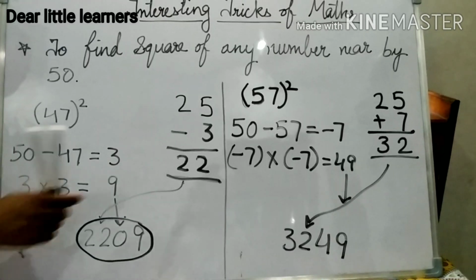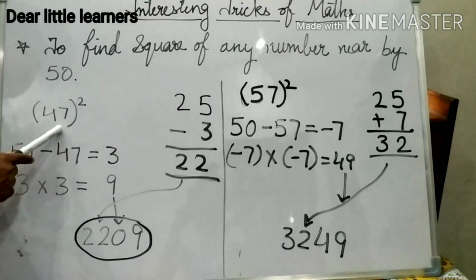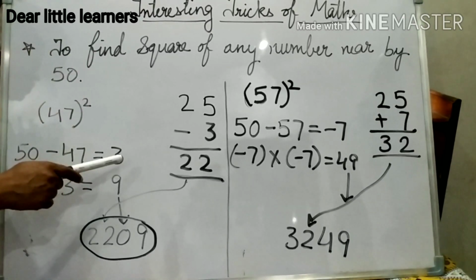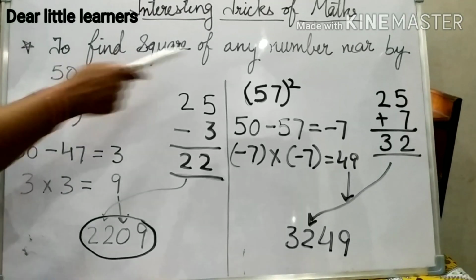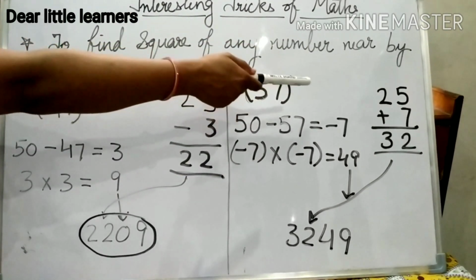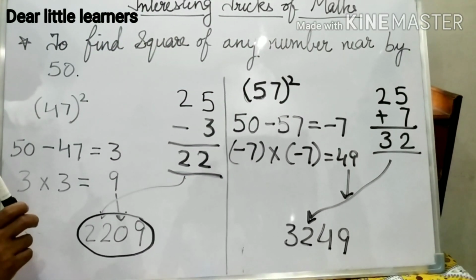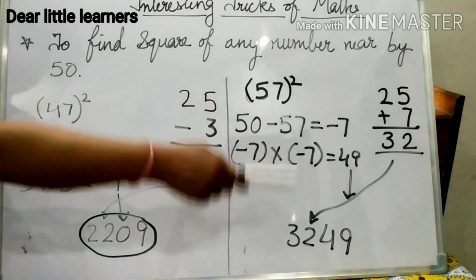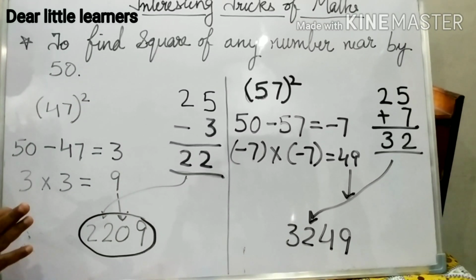We have got 49. Now in this case 3 was deducted, there it was 3 less than 50, and here 7 is greater than 50. So we will add this 7 with 25. When we add 25 with 7, we will get 32. This 32 we have to write in front of 49.